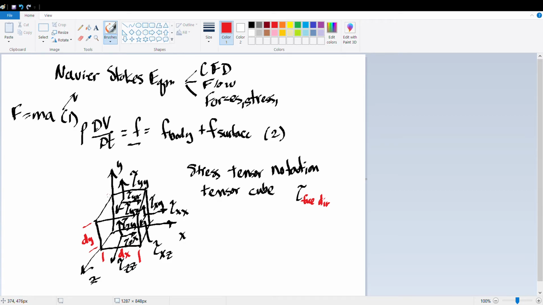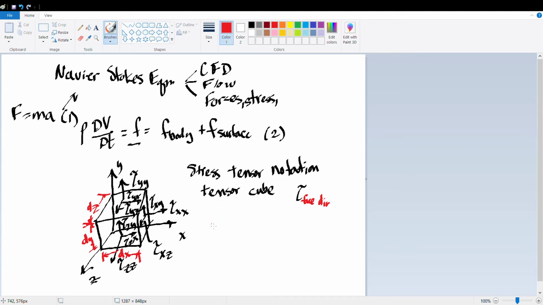Let me draw some arrows here so as not to confuse the situation. And this is dz. Very good, so this is our tensor notation.